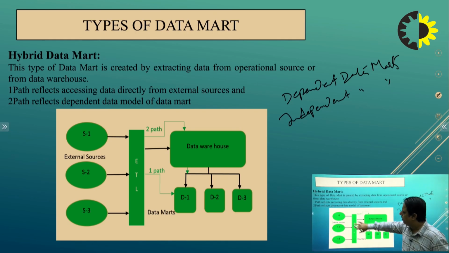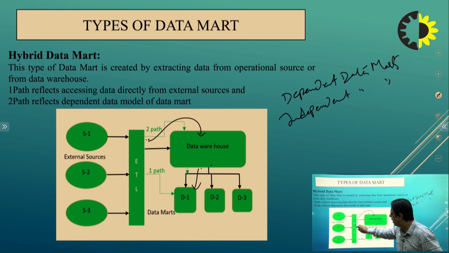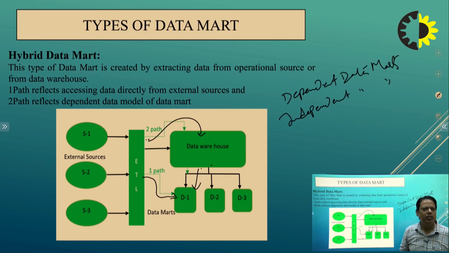Because these are the external sources performing the ETL process, and in this path, after performing the ETL process, the data is stored in the data warehouse. Then after that we create the data marts. But in the second path, after performing the ETL process, we can directly process the data into the data marts. So this is the basic difference between independent and hybrid data marts.